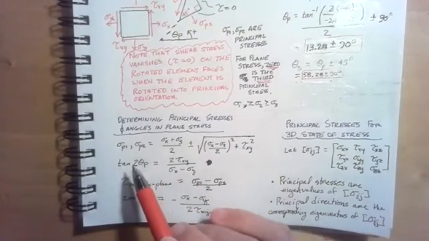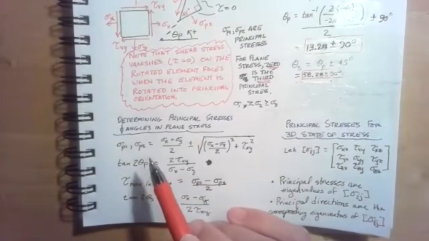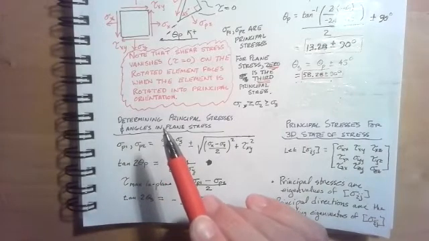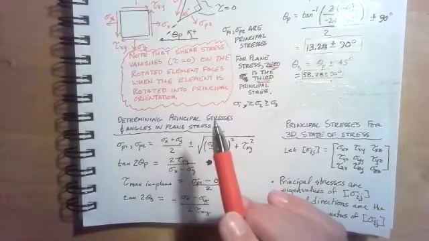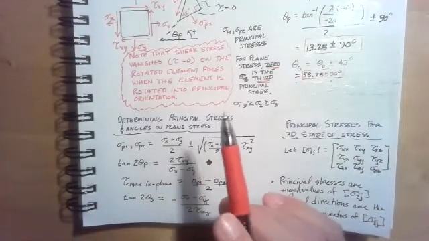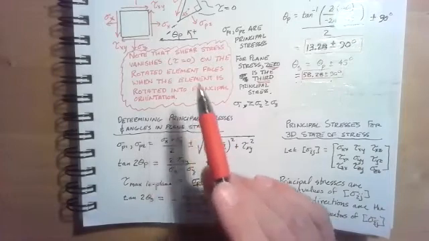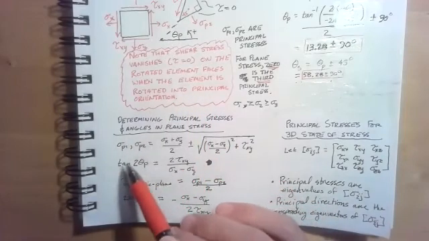But just keep in mind that the arc tangent function is only valid for quadrants 1 and 4. So we don't have every angle available to us for rotation with this equation here.